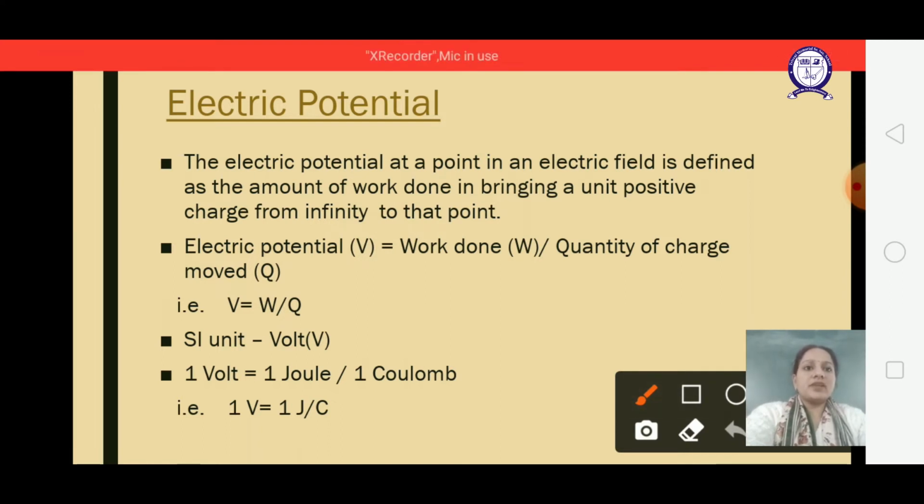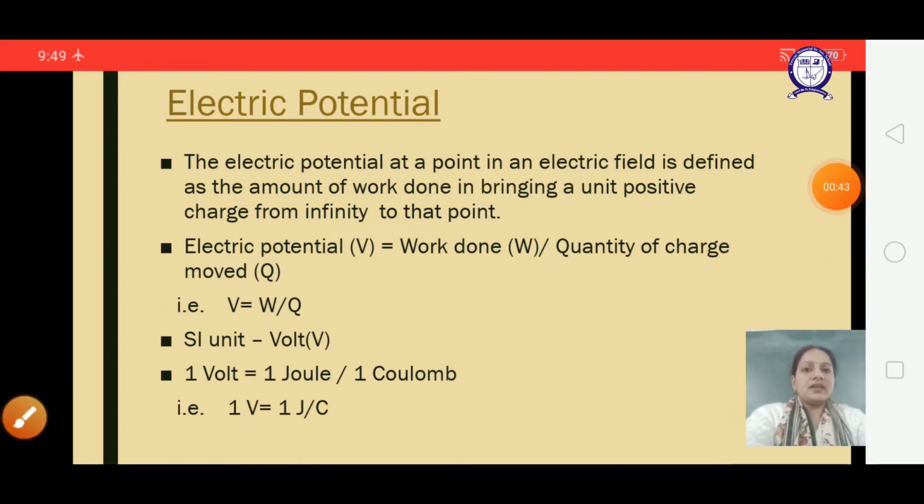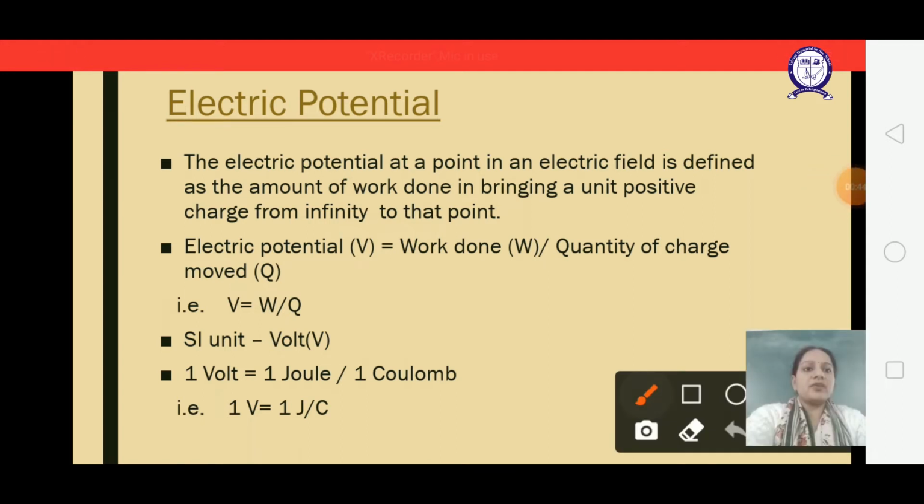The electric potential at a point in an electric field is defined as the amount of work done in bringing a unit positive charge from infinity to that point. Now let us suppose you are having a unit positive charge. Some area around this positive charge will be its electric field.